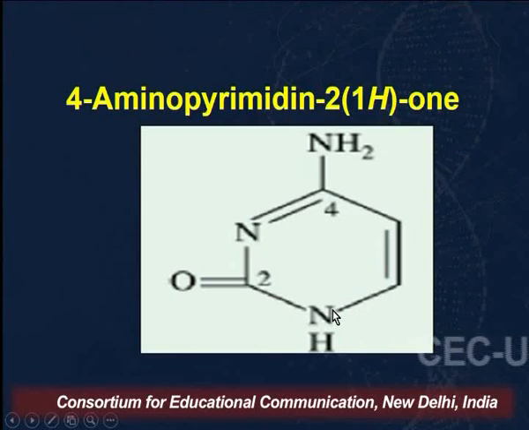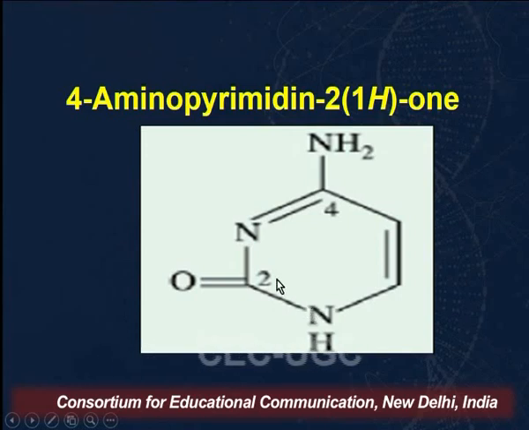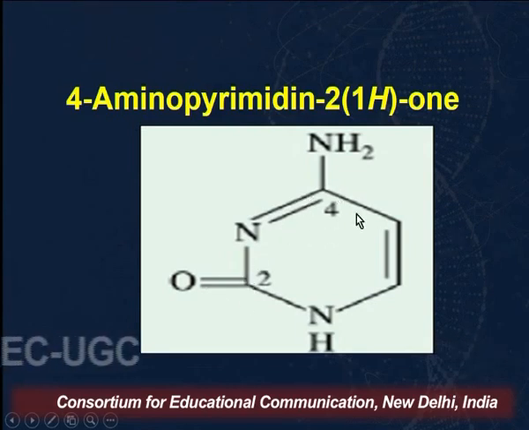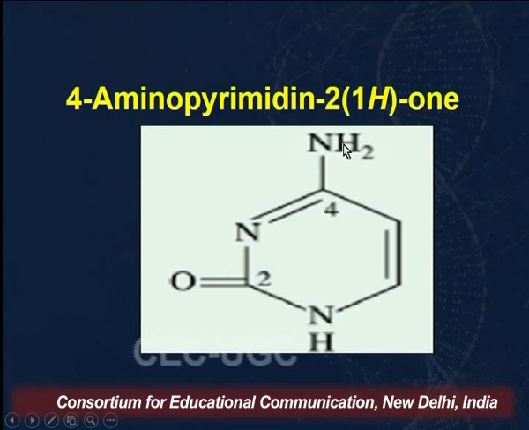That this is your carbon number 1. At carbon number 2, the double bond which was between this nitrogen and this carbon has been replaced with a carbonyl group here. And then at the 4th carbon, we have an amino group. So instead of having 3 double bonds here, now we are having 2 double bonds and 4 single bonds.